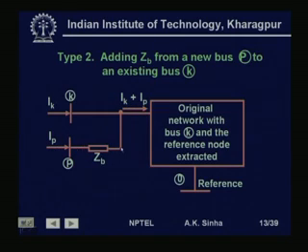Now we have added this Ip flowing like this. So, into the network at node K, what will be entering? It will be Ik plus Ip current, and therefore it is going to modify the voltages at all other buses. So, we will write down the equation for that.